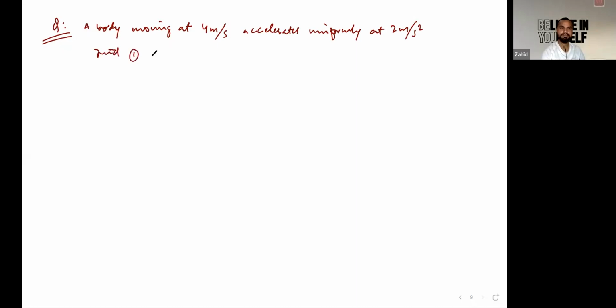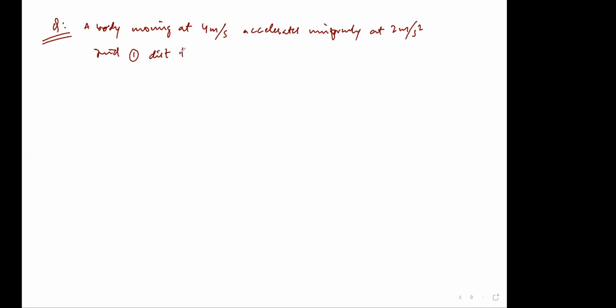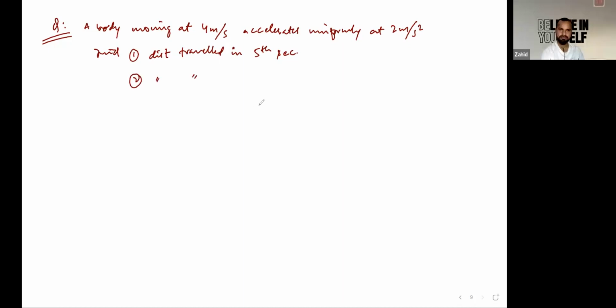Then find first, the distance traveled in the fifth second, and second, the distance traveled in 5 seconds, and third, the velocity of the body in 5 seconds. Just use the equations and try to simplify it.